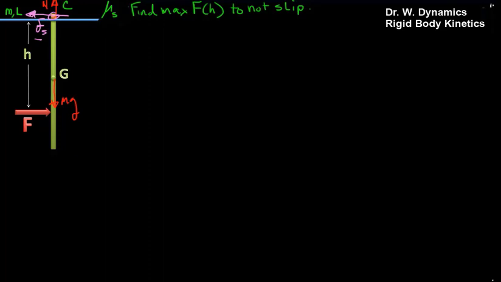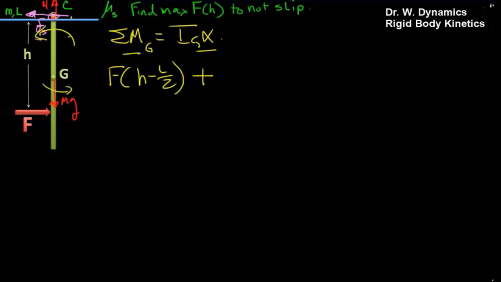Now, we might be tempted here to jump in and do the sum of the moments about G is equal to I_G alpha first. But this gets fairly complicated. We've got two forces here that won't drop out. We'll end up with F times (h minus L/2) plus the friction force times L/2 is equal to 1/12 mL squared alpha.